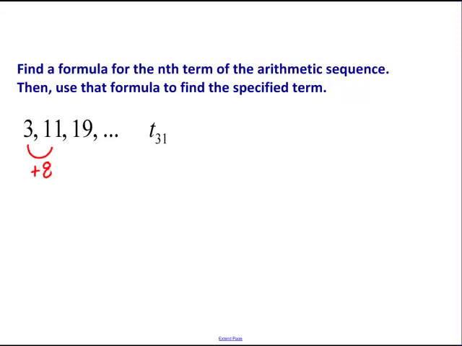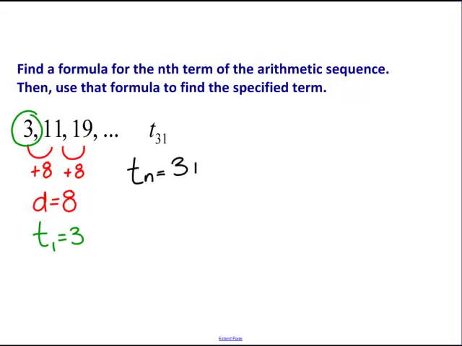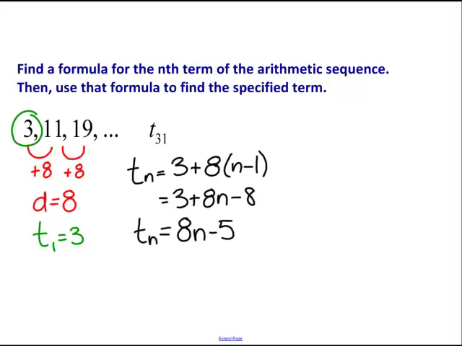Here's another example, but I'm not going to talk through this one because it's very similar to the last one. Here's the formula, and now we're going to use that formula to answer the rest of the question.